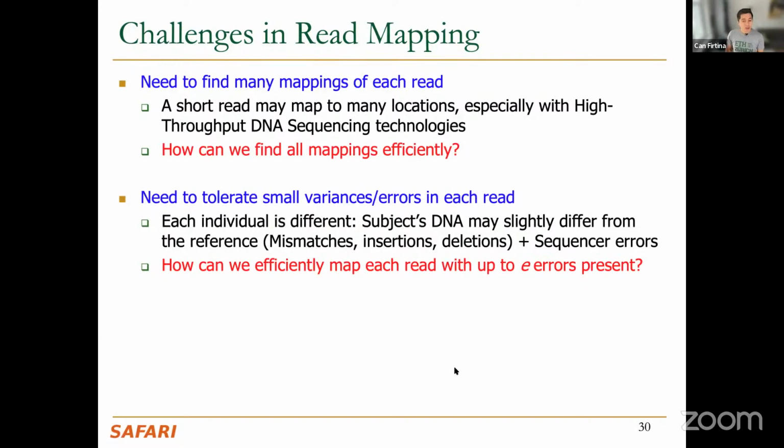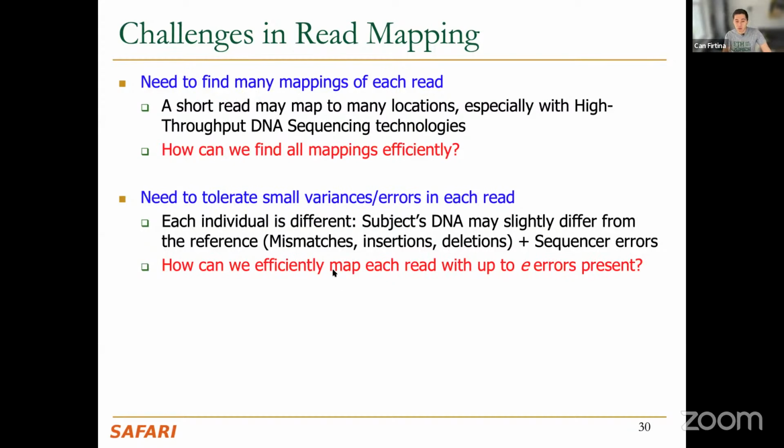Because an individual may have mutations compared to the reference genome. Due to evolutionary differences, somatic mutations, etc., our genomes contain differences compared to every other person out there. So we want to identify these differences so that we can analyze the genome and make it more personal to you.